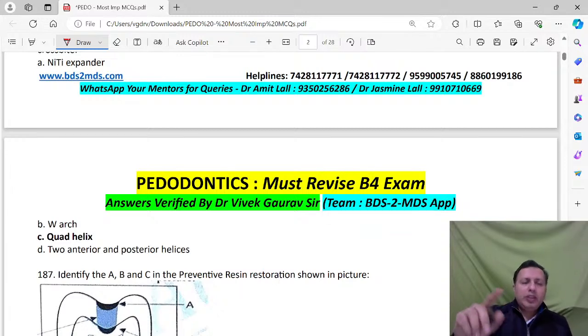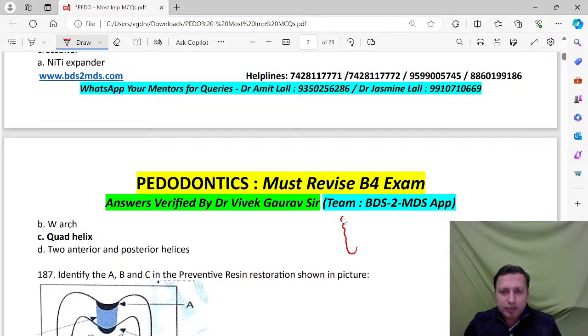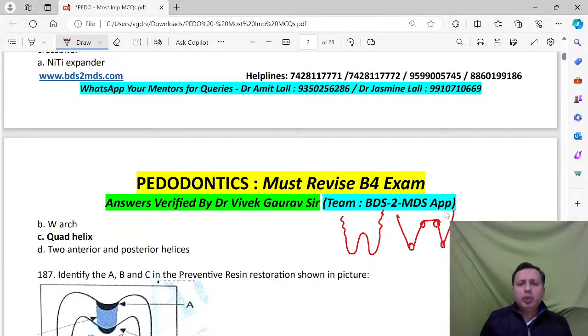So you must all have seen that in the Nitai expander we basically use the expansion thing. Okay, we expand the arch. Whereas in the W arch, as I have told you in the lecture also, the design looks like this. So this is the W arch. Whereas the quad helix looks like this.